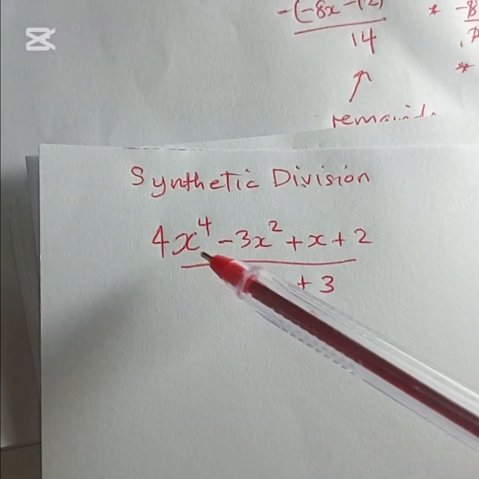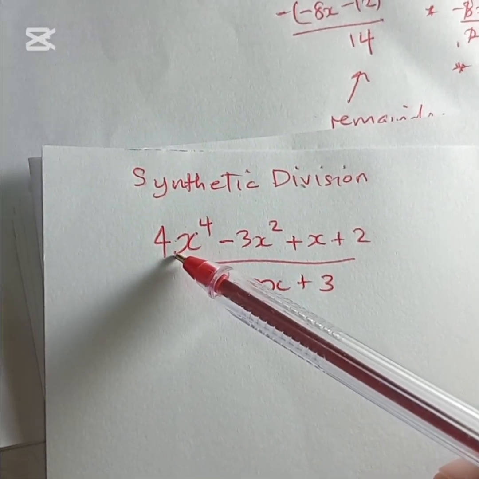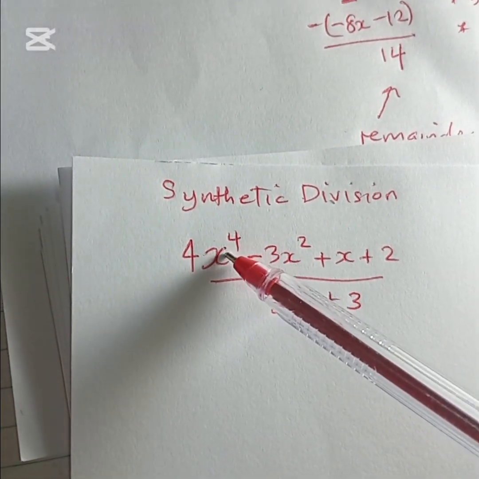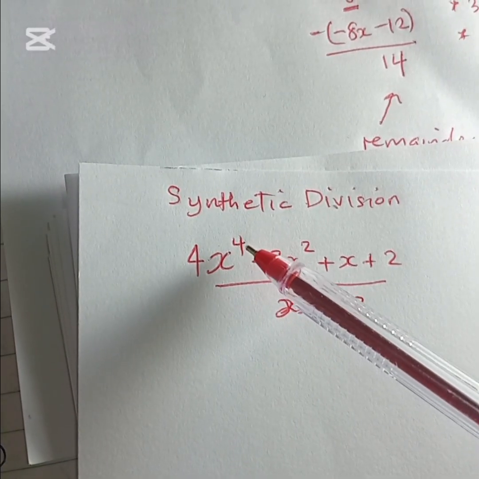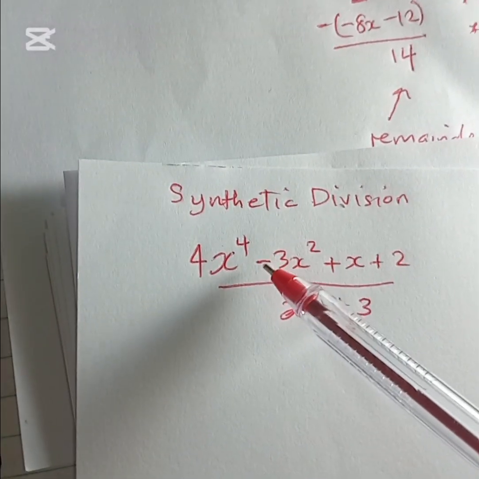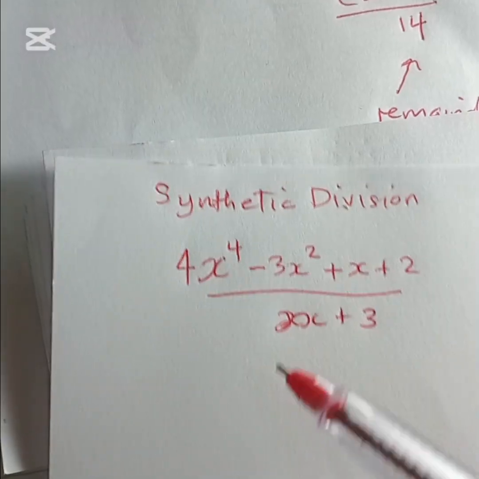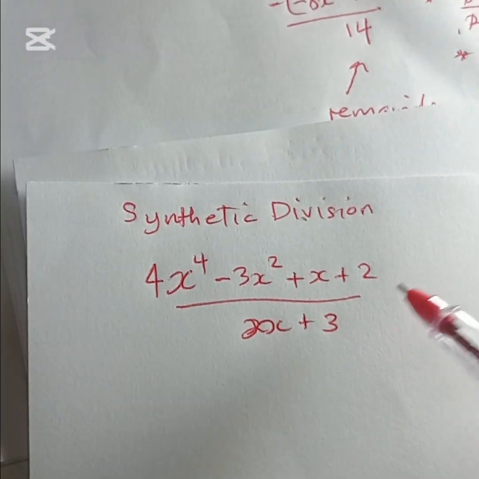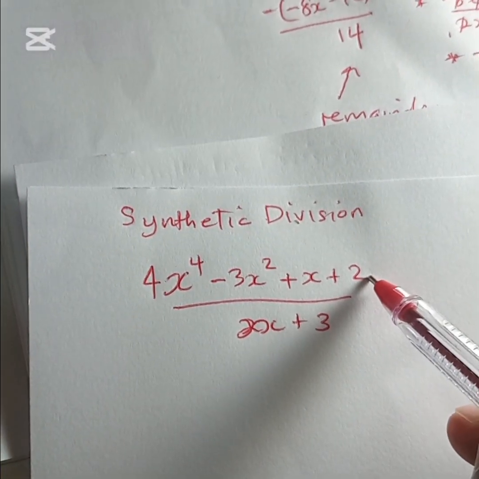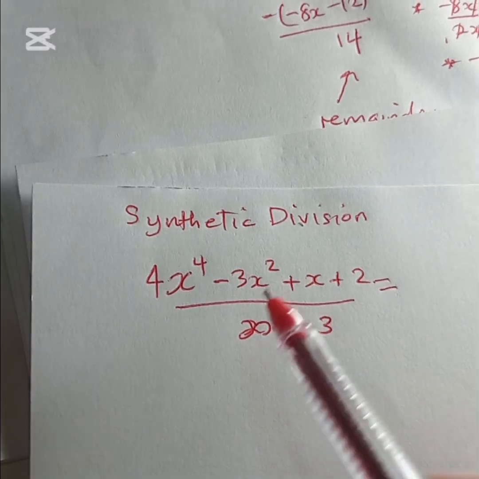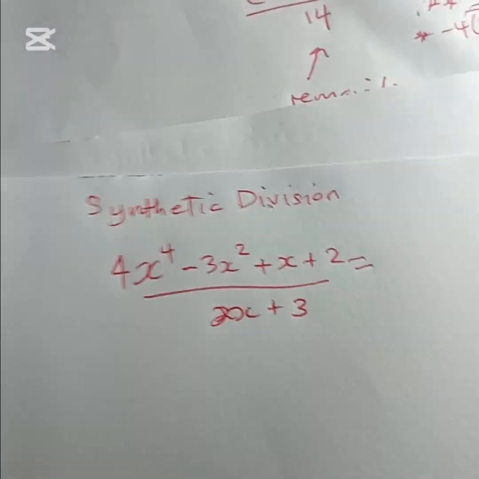Like I said, when we line up the coefficients, they must go in order of the power consecutively, not missing any number in the sequence. So this has to include x to the power of 3.